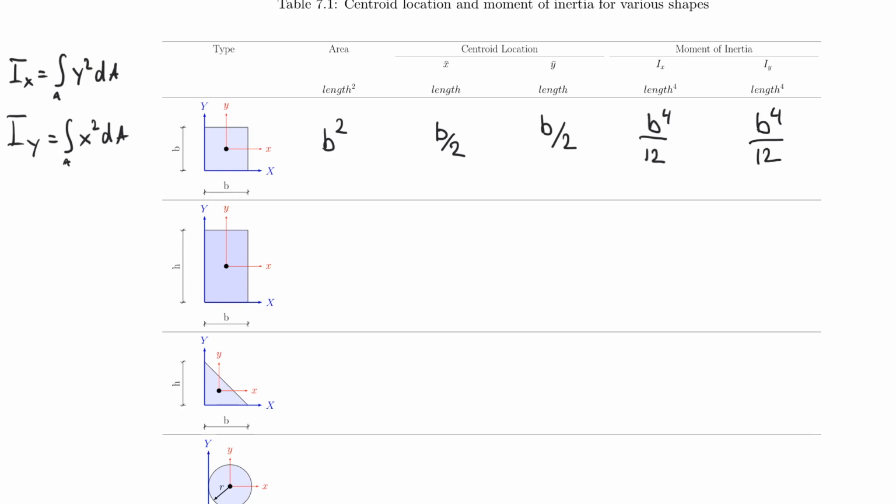Now let's make it a little bit more interesting and move on to the rectangle. Of course, you know that the area is b times h. No surprise there. You also know that the x centroid location is b over 2, whereas the y centroid location is h over 2. And now maybe you can already guess where we have to go with this formula here.